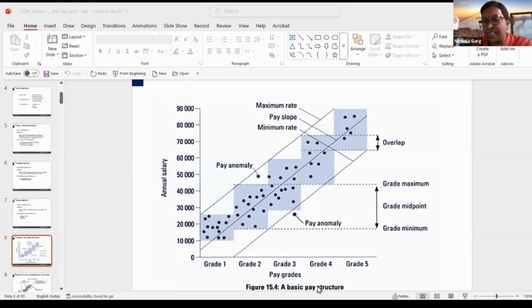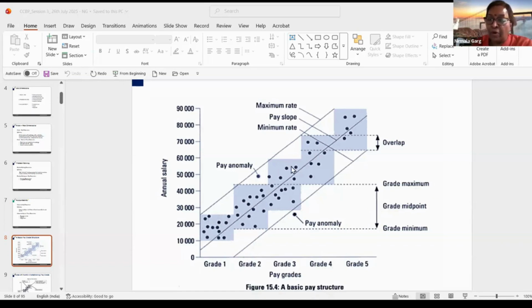When you talk about a basic pay structure, it will have grades, then it will have what? Bands. Even if you are having point plans, there will be cutoffs, and then you will create bands out of those points. Every grade will have a midpoint.